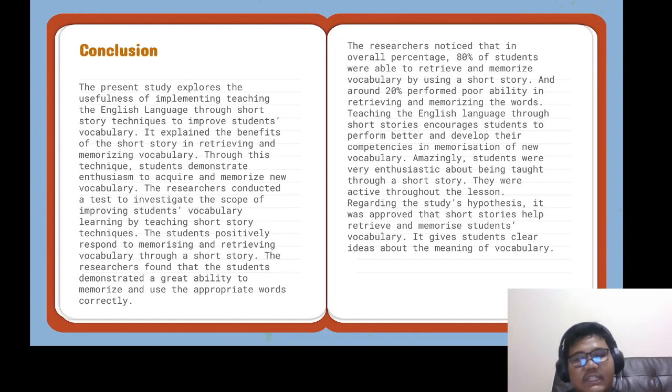Then the conclusion. The present study explores the usefulness of implementing teaching the English language through short story techniques to improve students' vocabulary. It explains the benefits of the short story in retrieving and memorizing vocabulary. Through this technique, students demonstrate enthusiasm to acquire and memorize new vocabulary.